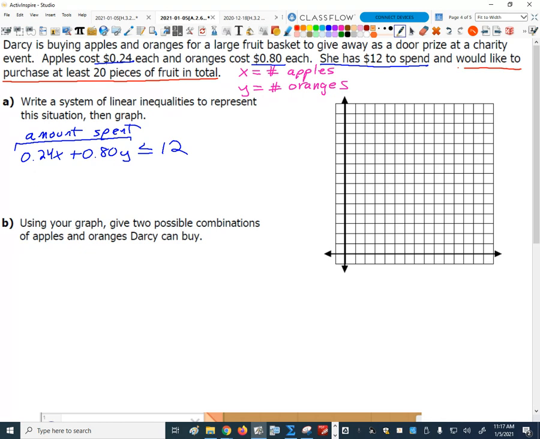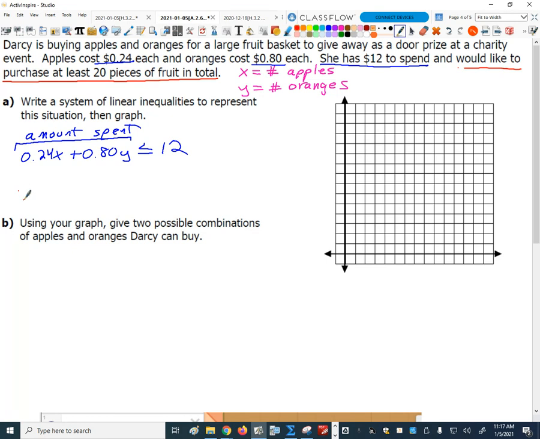Okay, but remember on the top, when we multiply 0.24 times X, that's calculating the cost of the apples, and this is calculating the cost of the oranges. This one's a little simpler. We just want the total number of pieces of fruit to be greater than or equal to 20.